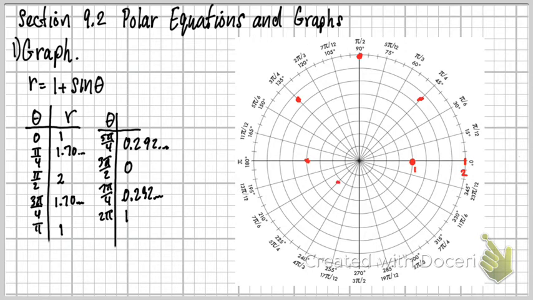And then the next one is going to be 0. Now again, I'm just going in order here. 3 pi halves, that's going to be 0, so it's going to be here. And then the next one is going to be back at 7 pi fourths, and it's going to be 0.29 again. So it'll be there. And then back at 1.